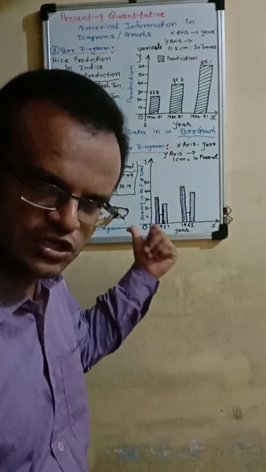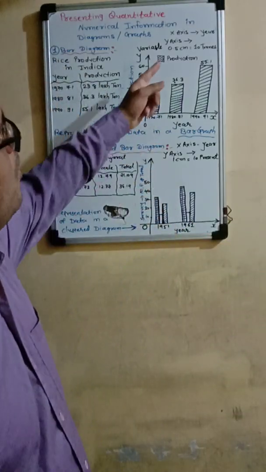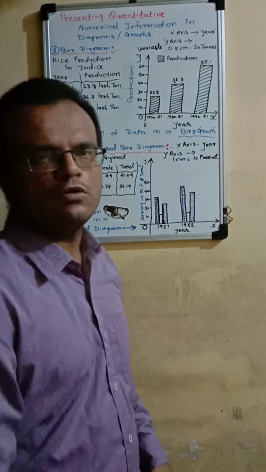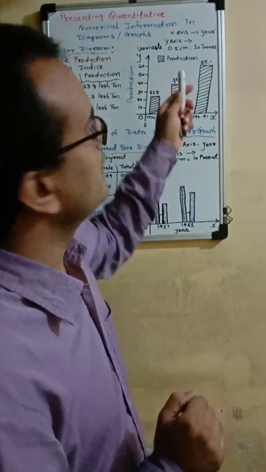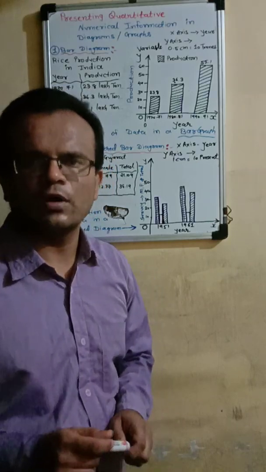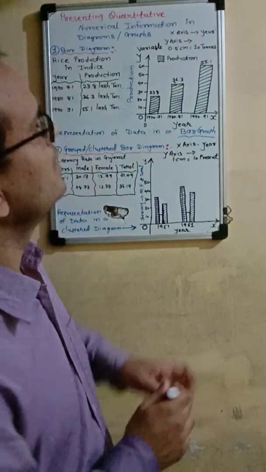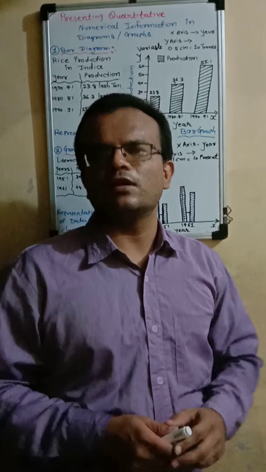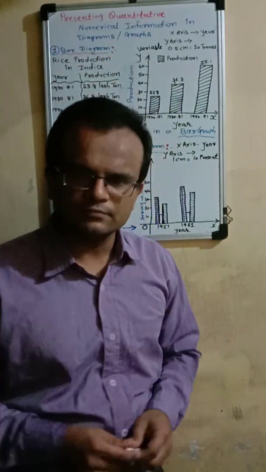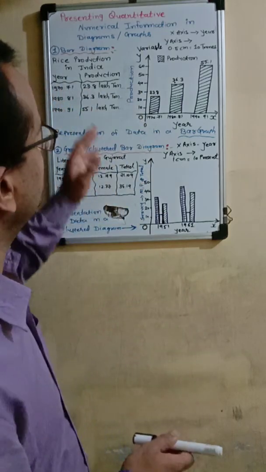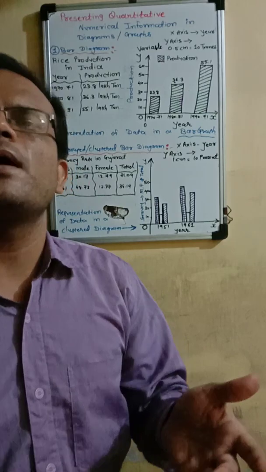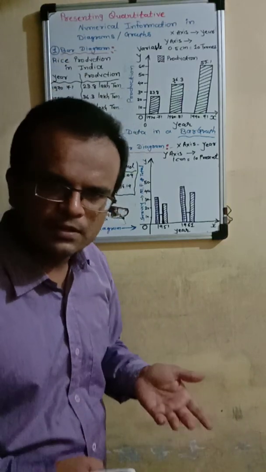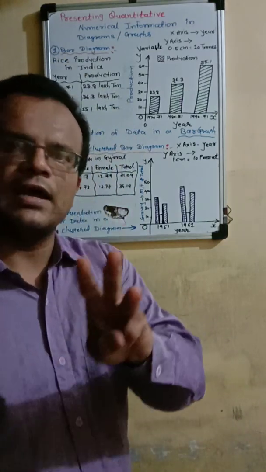And in the bar diagram, on the y-axis, we have put half a centimeter for 10 lakh tons, as the scale. So this is the information and data put in a bar diagram and cluster group diagram. Third one is pie diagram.